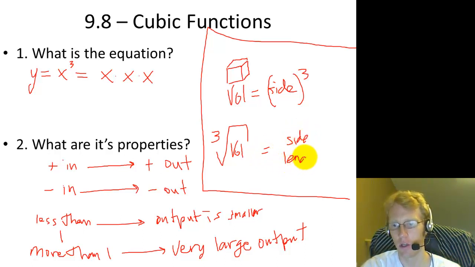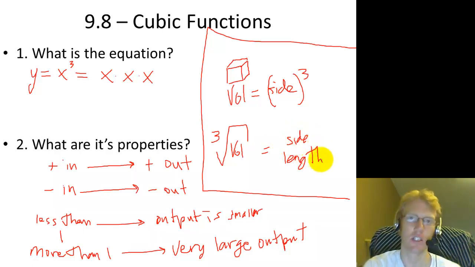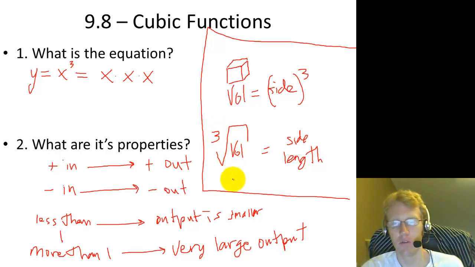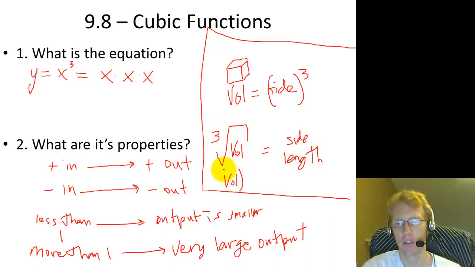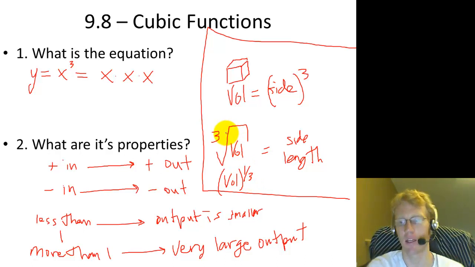So cube roots are the opposite of cubing it in just the same way that a square root is the opposite of squaring it. And on your calculator you either have a cube root button, or if we've covered fractional exponents, this is the same as volume to the 1/3 power. So you can use a fractional exponent instead of a cube root to find the side length.